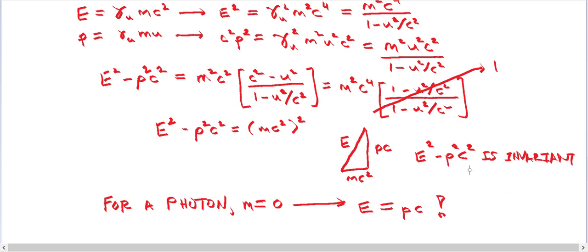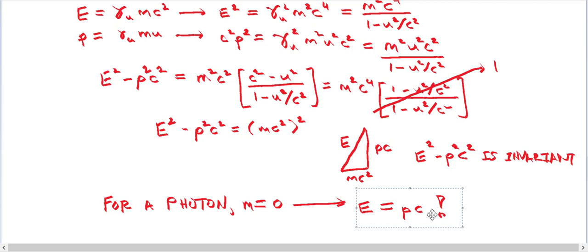Another cool thing that is going to come out of this that we're going to spend some time on is that a photon has mass of 0. A photon is a particle of light. So since the mass of the photon is 0, what we wind up with is that E is equal to pc.